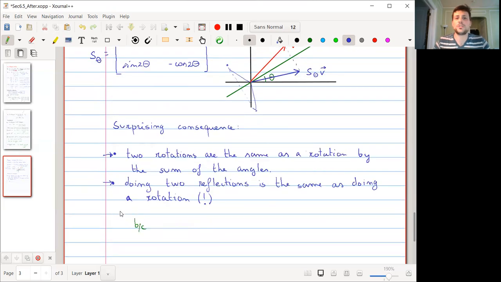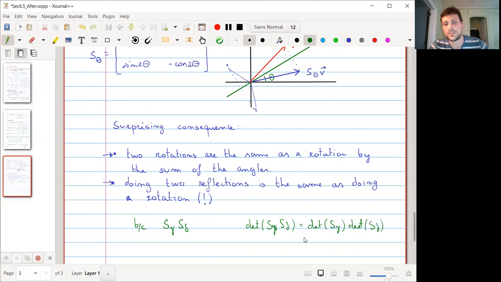And the reason why that's true is just because of determinants. Suppose I have my two reflections. I'll take two angles as gamma and delta. So I'll do the reflections like this. When I take the determinant of S gamma S delta, that's going to be the determinant of S gamma, reflection 1, times the determinant of S delta, which is reflection 2.